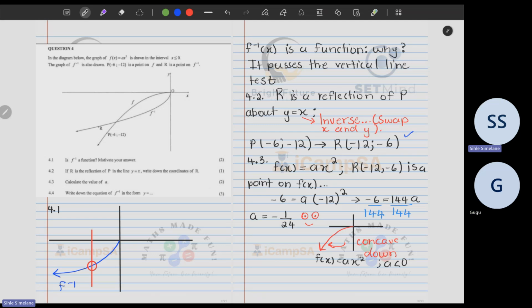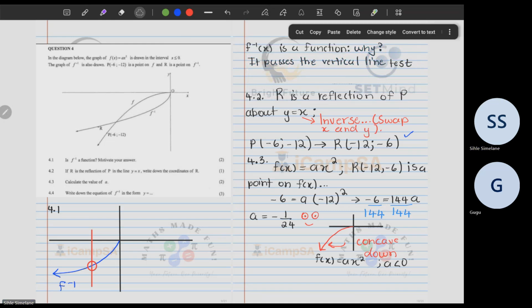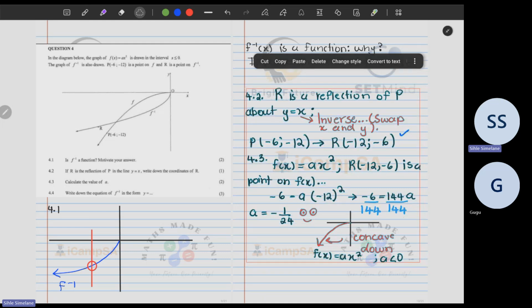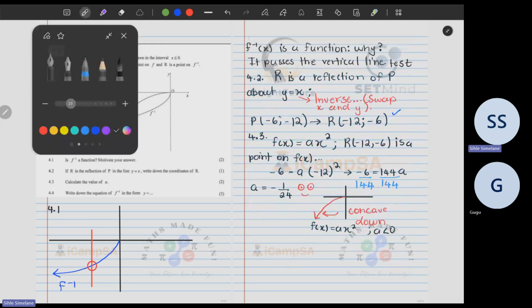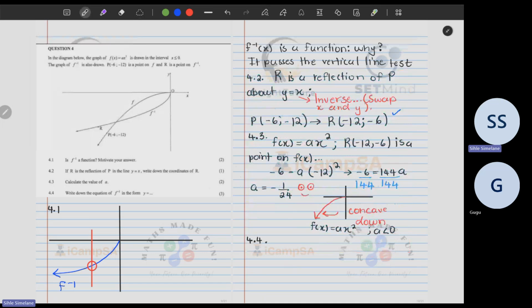Right. Then 4.4, let me create some space and we try and squeeze it here. We are required to find the equation of the inverse. So we'll just swap x and y. So we're looking at 4.4. We know that the equation f of x is -1/24 x squared.